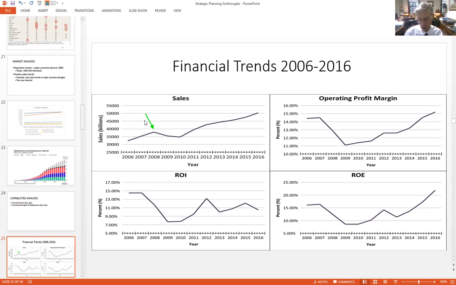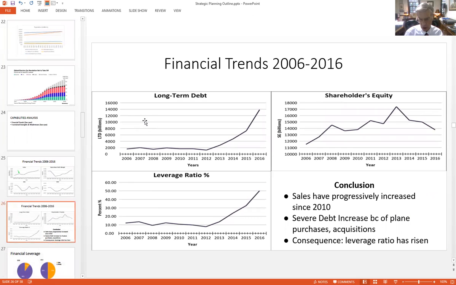several years ago. But you can see that we track sales, operating profit margin, return on investment, return on equity, long-term debt, shareholders' equity, and if we combine long-term debt and shareholders' equity, and I might add short-term debt too, we get invested capital.